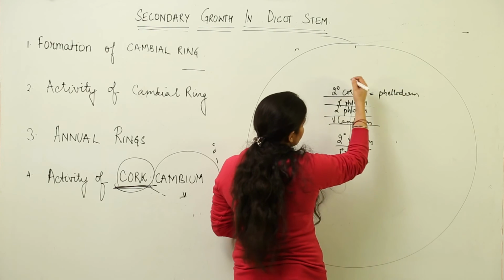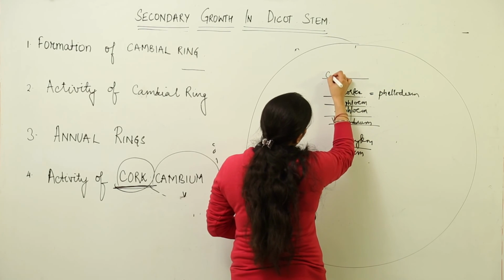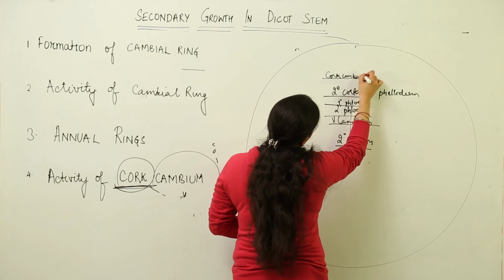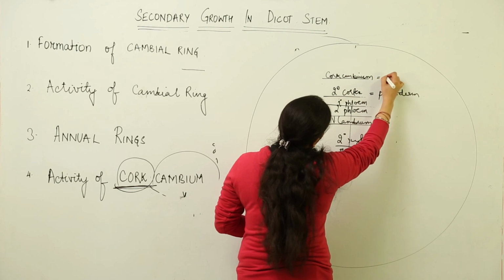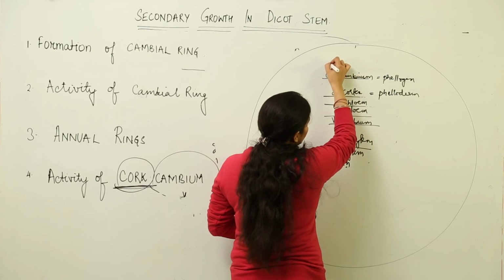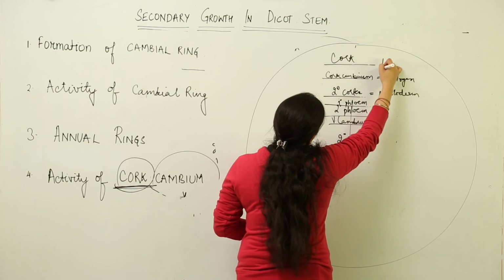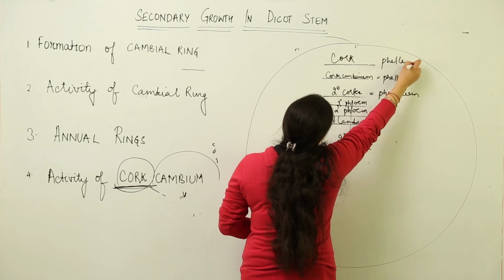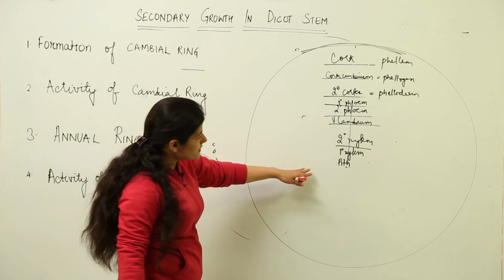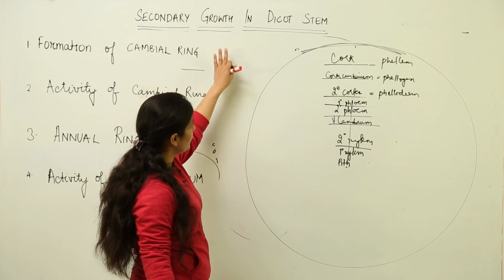Alright. Then outer to secondary cortex, we have cork cambium, right? This cork cambium is otherwise known as phellogen. Outer to cork cambium lies cork, that is known as phellem, and this is epidermis, which would be broken. So this is all what we get at the end of the secondary growth in dicot stem.